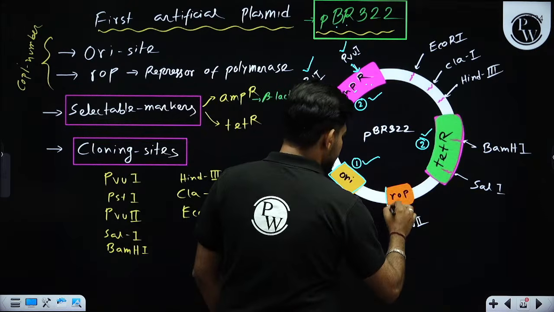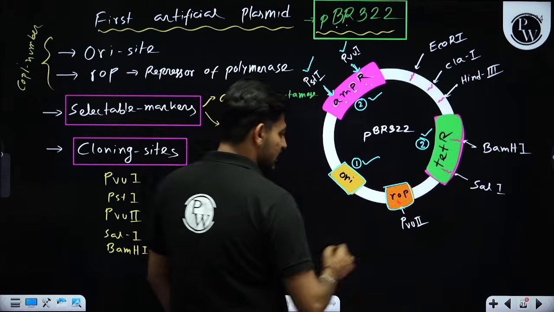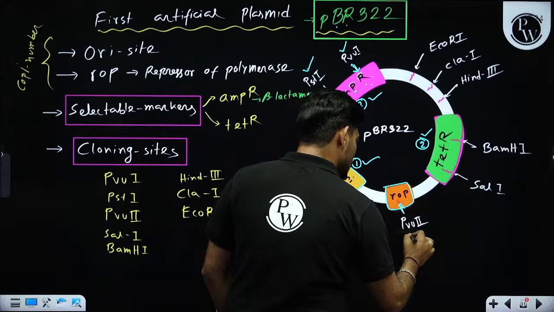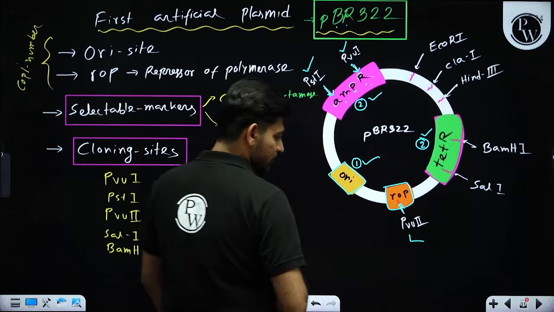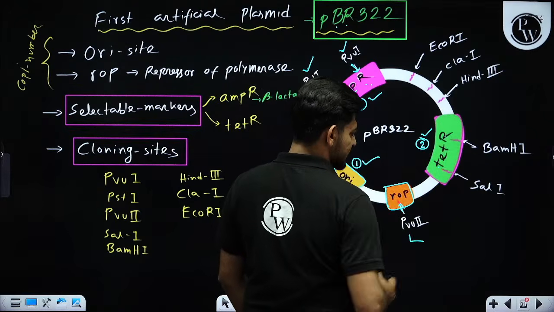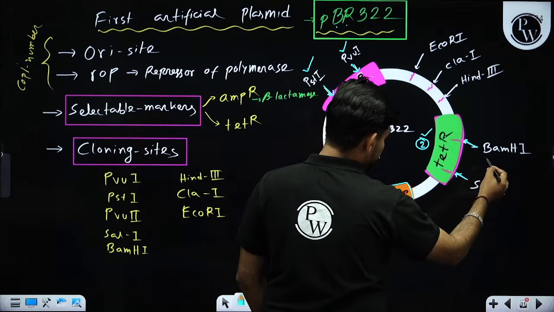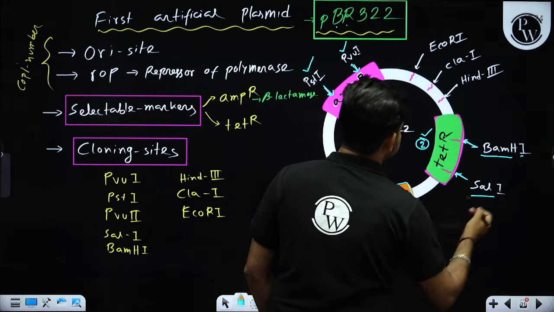If you check inside this ROP gene, that is called repressor of primer gene, inside there also you are getting a cloning site of another restriction endonuclease, PvuII. Inside this tetracycline resistant gene, you are again getting cloning sites of two different restriction endonucleases, BamHI and SalI.